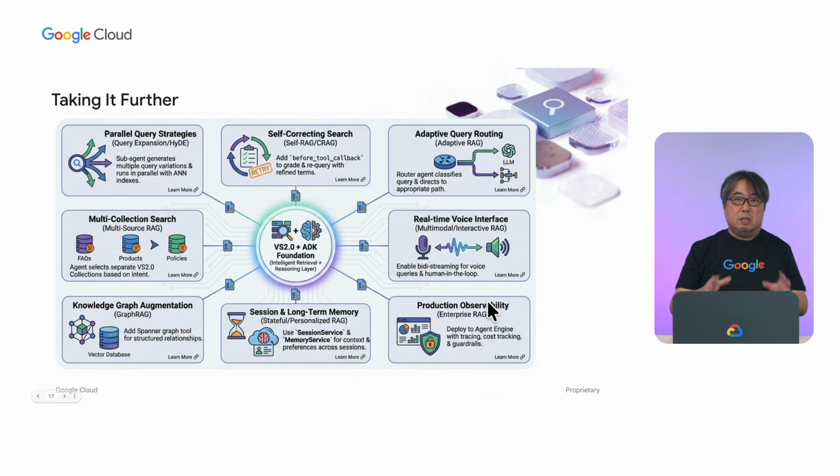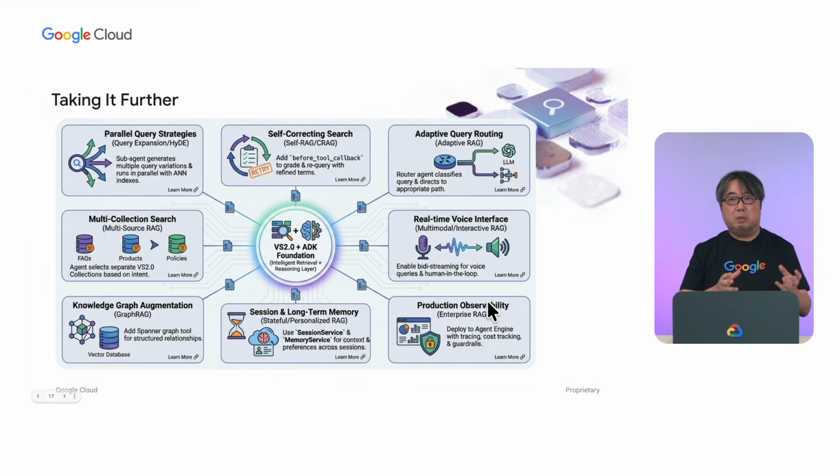So that was the basic part of the agentic RAG. You can extend this functionality with advanced agentic RAG techniques, such as parallel query strategies, where you would have sub-agents generate tens of different queries and run them in parallel. Or maybe self-RAG to iterate over different searches by changing the query text, or adaptive query routing.